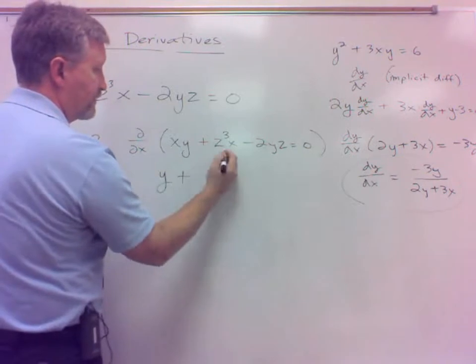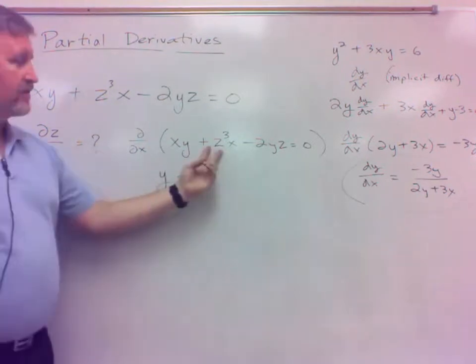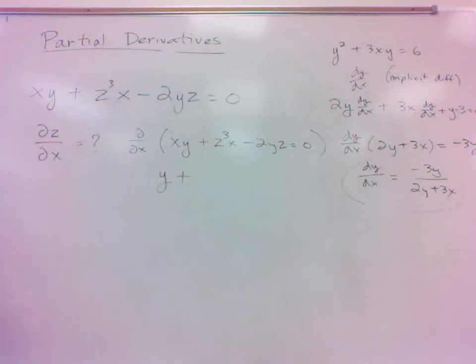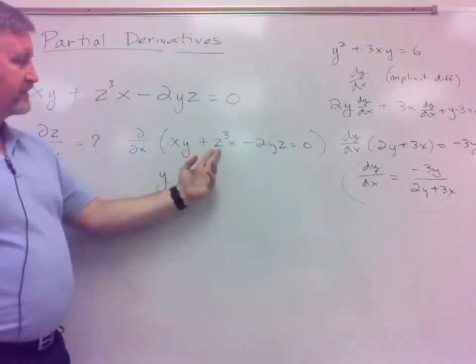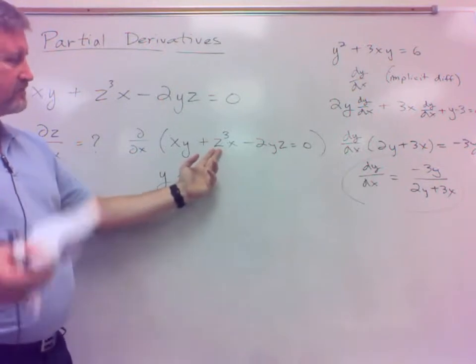All right, so on this one, I've got to use a little product rule, right? Because I am wanting the partial of z with respect to x. And what I'm essentially saying is this is something in terms of x and y; I'm just not getting it explicitly. So when I do the partial derivative with respect to x of this, that's going to be a little more complicated.